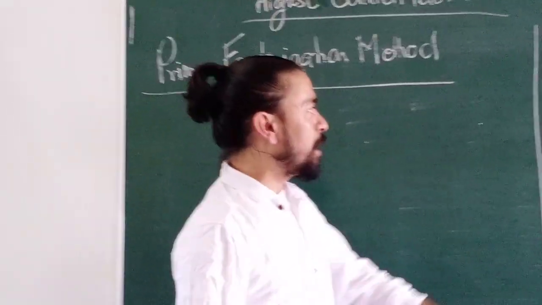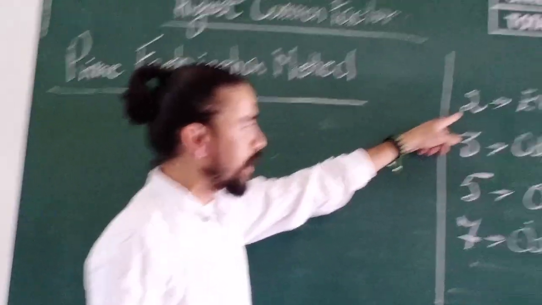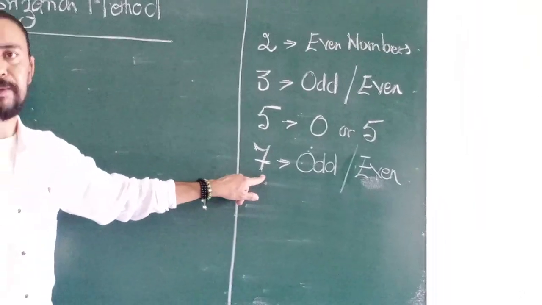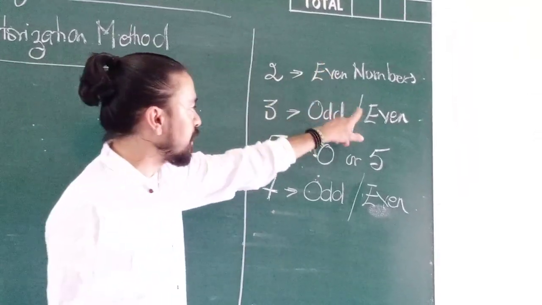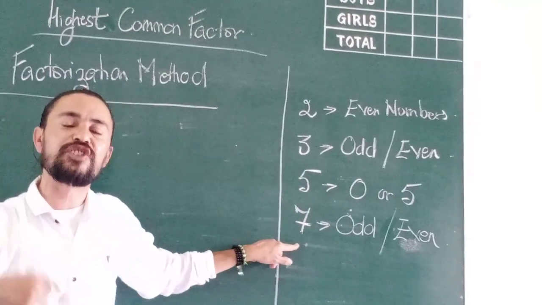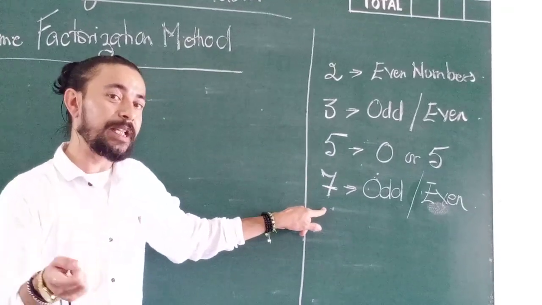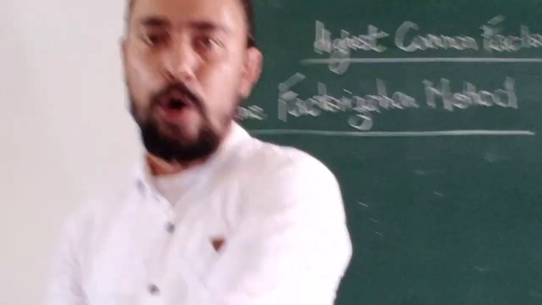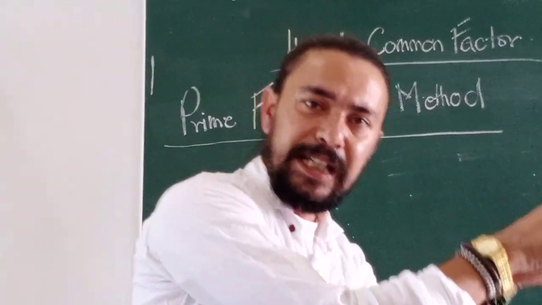So a number that is divisible by 2 can also be divisible by 3. It can also be divisible by 7. So I have to check for all of them. Now when we are looking at the numbers, they will either be odd or even.